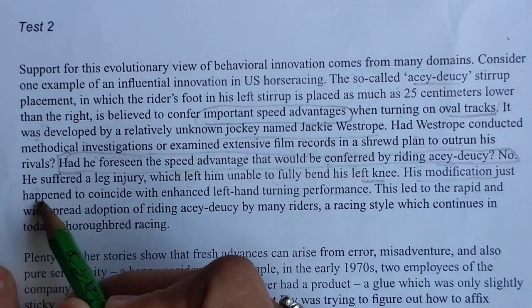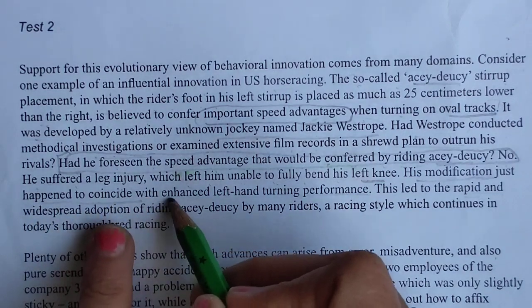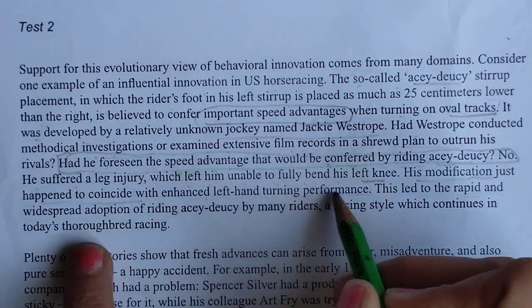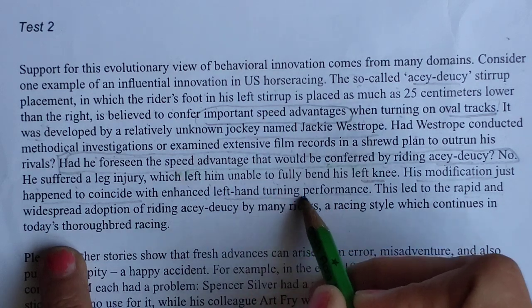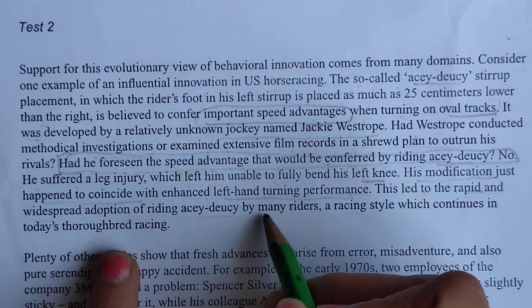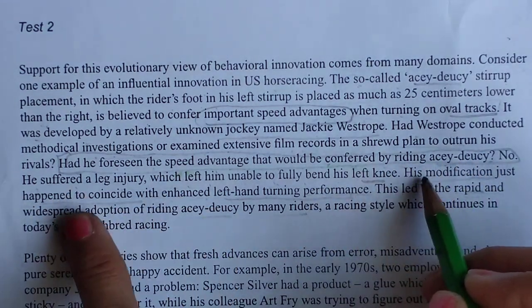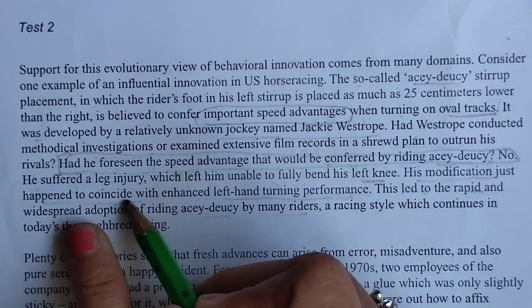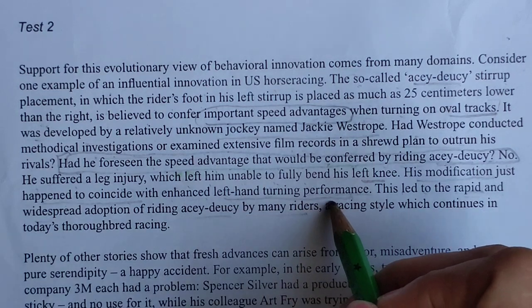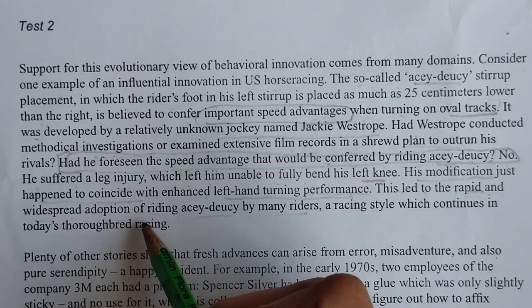His modification just happened to coincide with enhanced left-hand turning performance. This led to the rapid and widespread adoption by many riders. So he suffered a leg injury, and what happened? It happened incidentally, with enhanced left-hand turning performance.